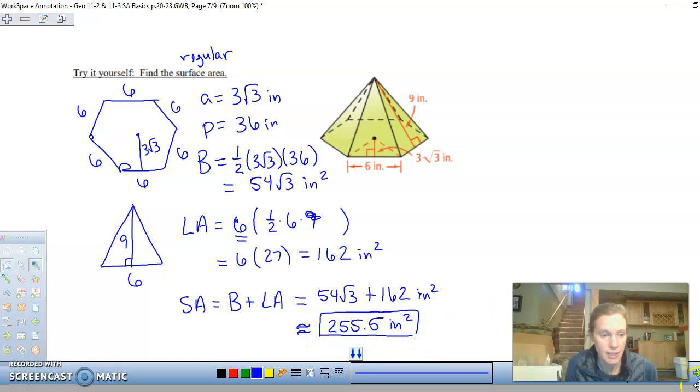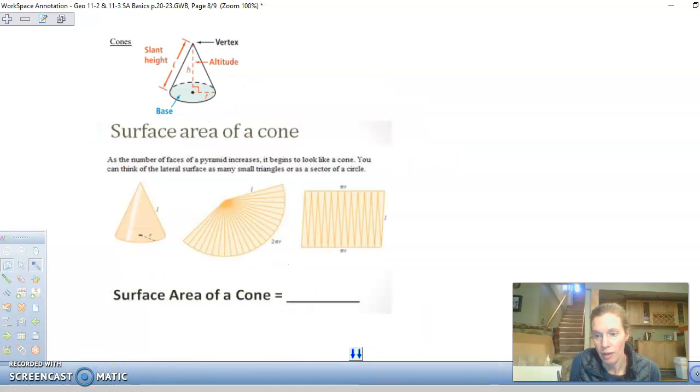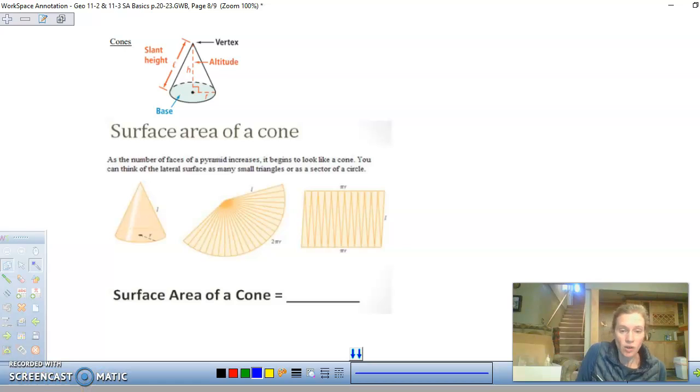Okay, last thing here. Cone. So when you're doing the surface area of a cone, you have, again, the vertex, you have an altitude in the middle, you have that radius, and then again, you have the slant height on the side.